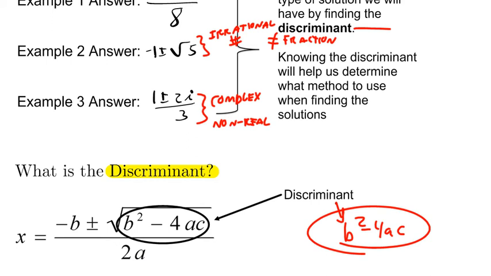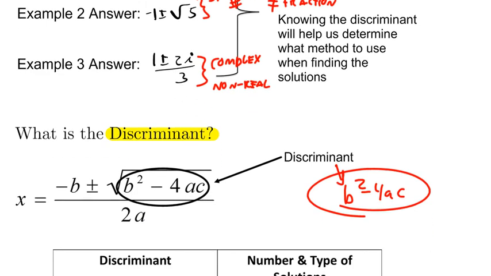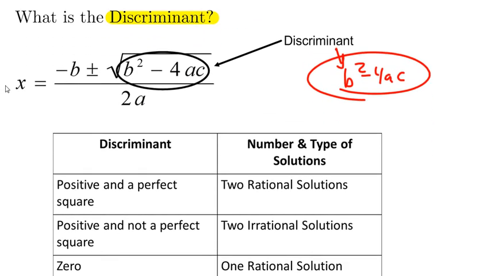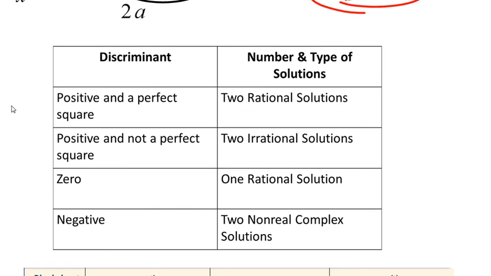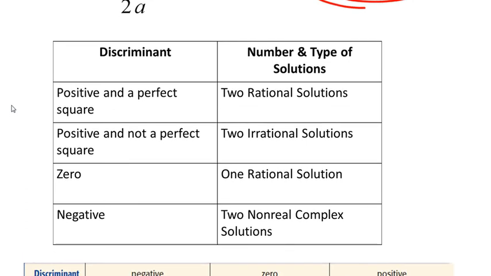So if we find the value of the discriminant, it actually tells us what type of solutions we get, and here they are. You're probably going to want to pause the video and copy down this chart right here.